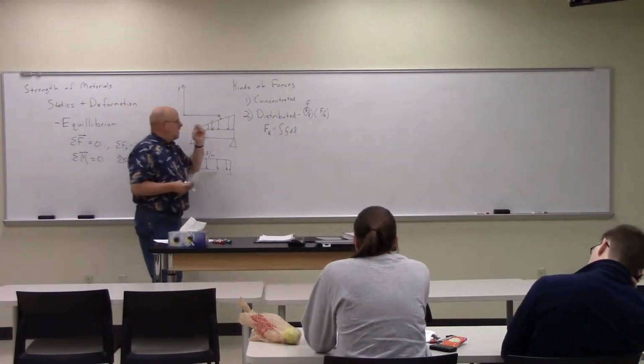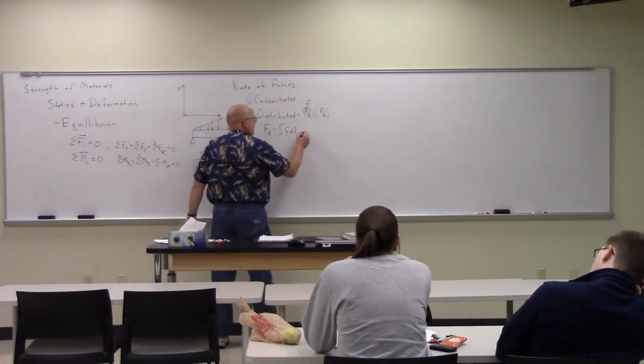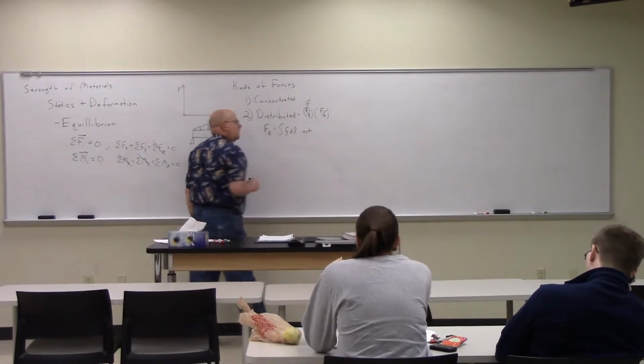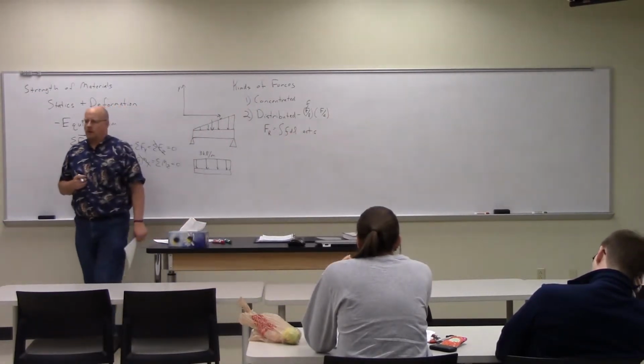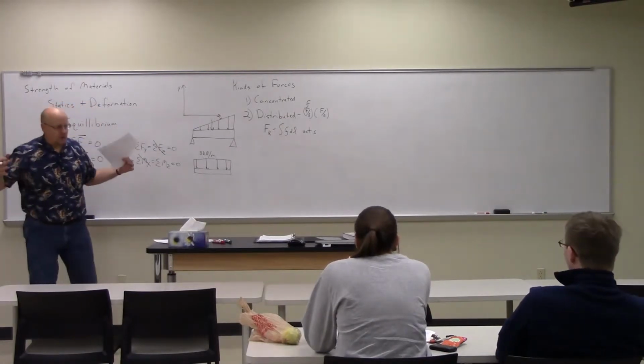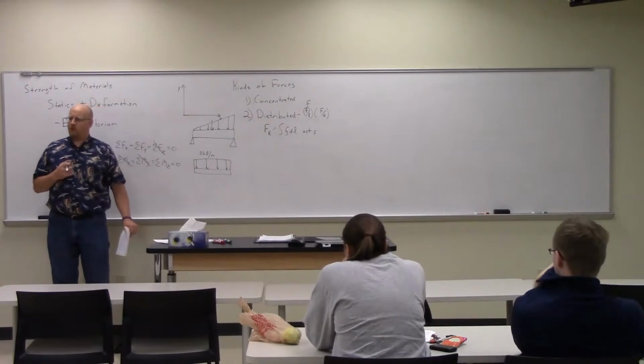Okay. So we get the resultant force, and then where does that act? Where does the resultant force act? If we take this distributed force and turn it into a concentrated force, a resultant force, where do we apply that resultant force?